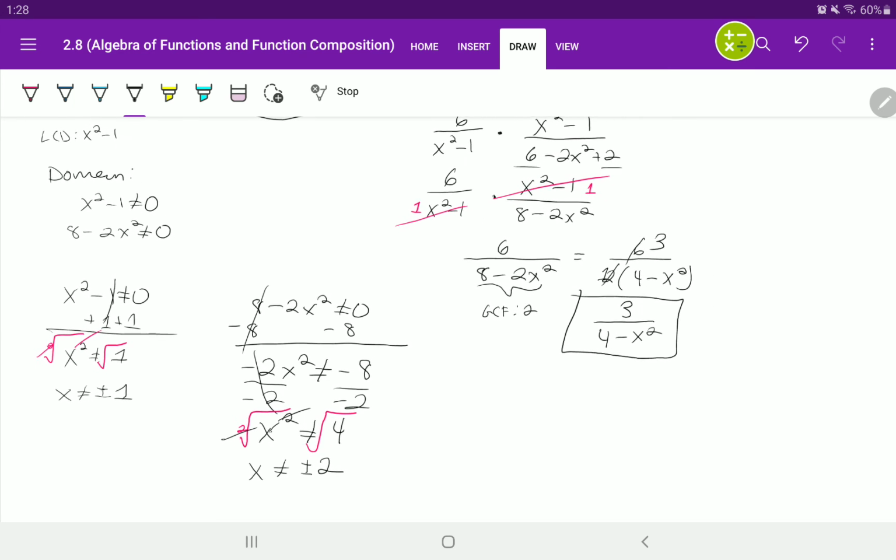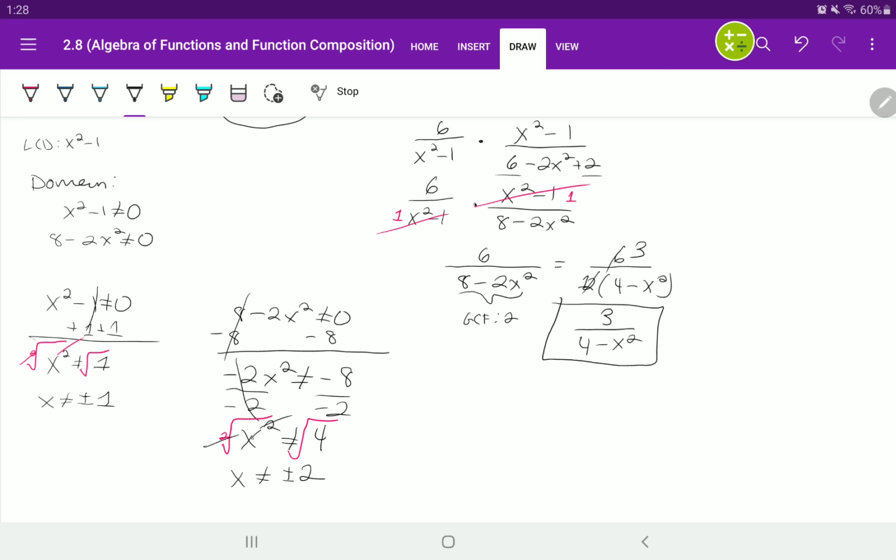And remember, this is all for our domain. We already found k of m of x in simplified form. Then we're going to find the domain of that. So now we're going to place all our critical values on our number line, starting from the smallest to the largest. So we have negative 2, because it's plus or minus 2.